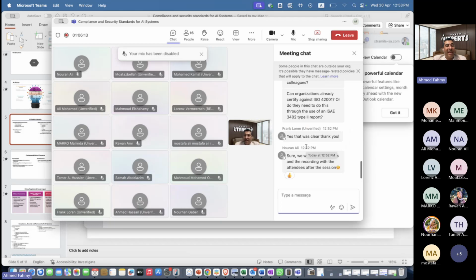Some of them are already taking actions towards implementing ISO 42001. I have seen so many organizations who have already started to implement it. Some of them are actually reaching the stage of internal audit. I have seen some customers who kept contacting us asking for internal audit activities. I do believe that during 2025, maybe in the second half of 2025, we might see the first organizations get certified against ISO 42001. Yes, that's correct.